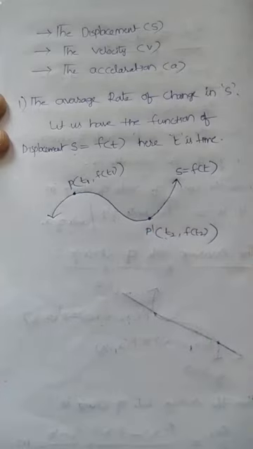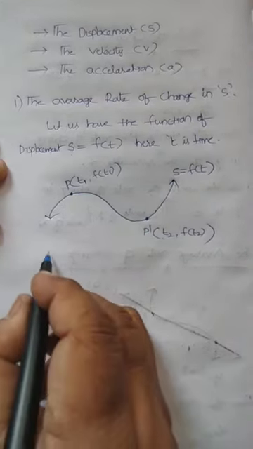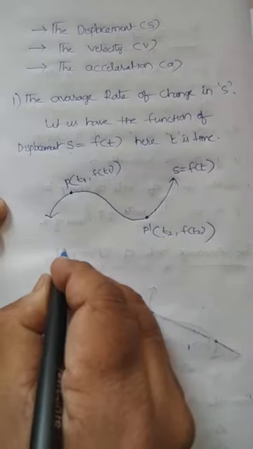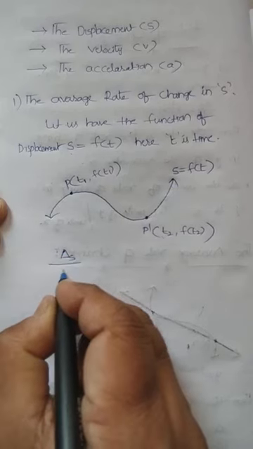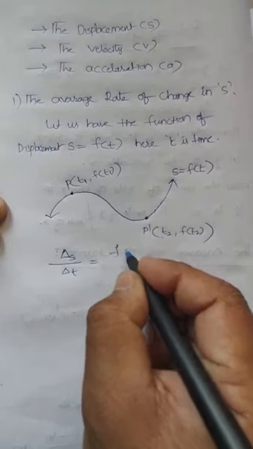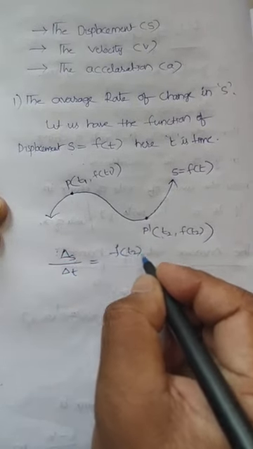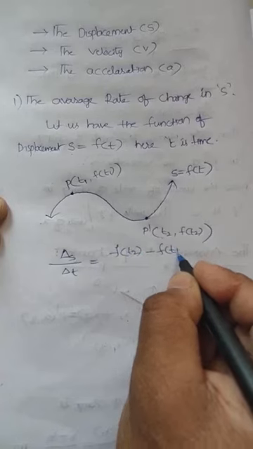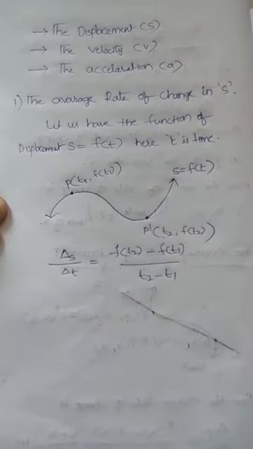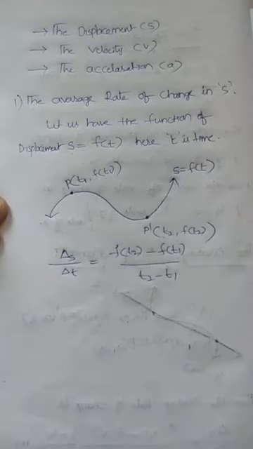Now I am going to find the average rate of change in S as delta S by delta t, which is equal to f of t2 minus f of t1 by t2 minus t1.